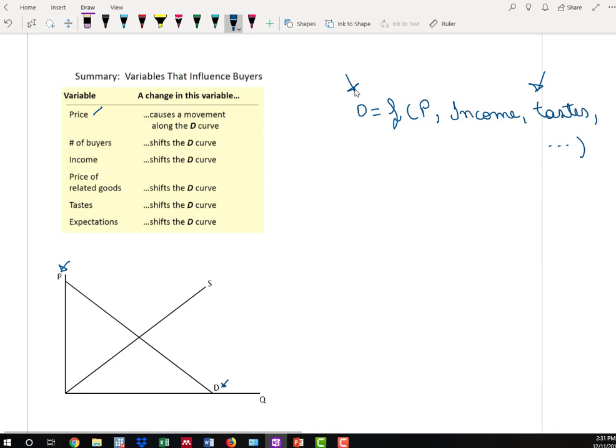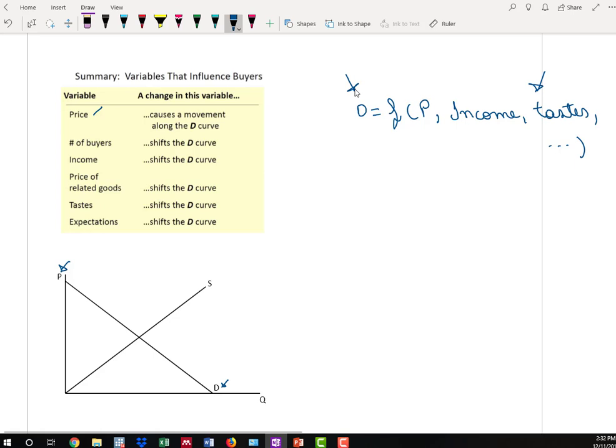So, if I change price, which is one of the variables that's in the axis, I move along the demand curve. We did that many times in the chapter so far. But if I change any of the other variables that are also important determinants of demand, but they are not in the axis, then I am going to shift the graph.